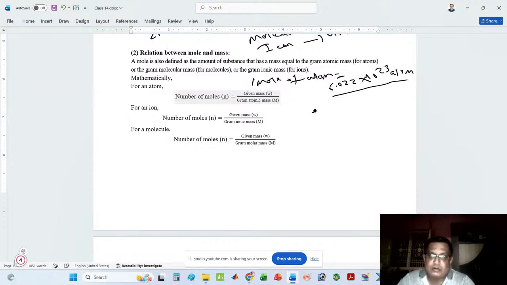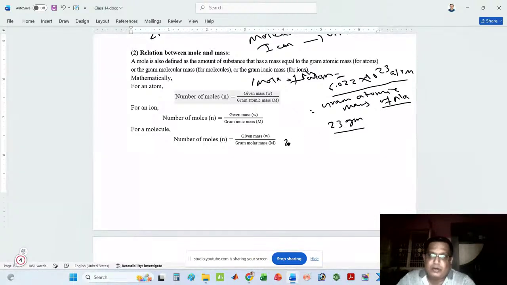That is equal to gram atomic mass of sodium atom. We know that gram atomic mass of sodium atom is your 23 gram. That means 1 mole of sodium atom in number it is equal to 6.022 into 10 to the 23 sodium atom. In weight it is equal to 23 gram.